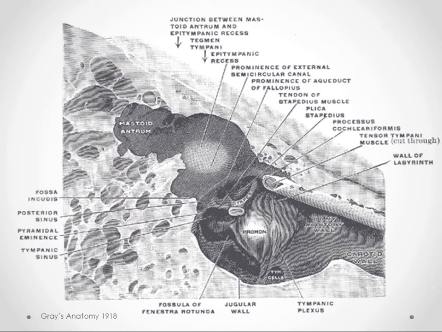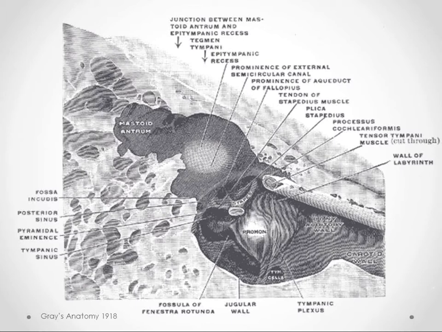And I'm not sure exactly how that all works, but you have these little sacs. They're walled off by thin septae of bone, and acute otitis media can move up into this epitympanic recess, up into the mastoid antrum, and then it can move down into these mastoid air cells.